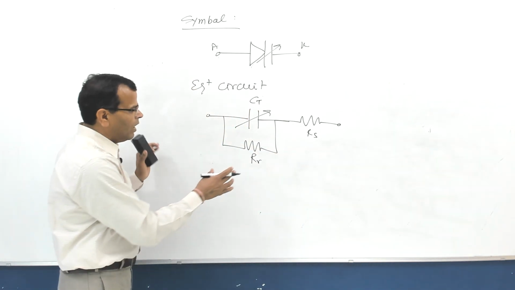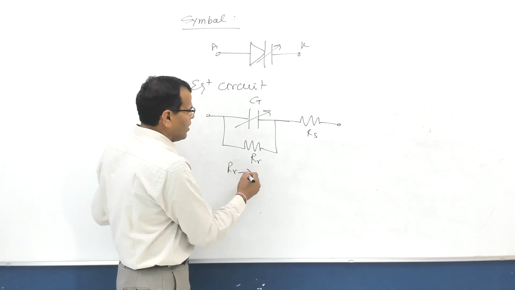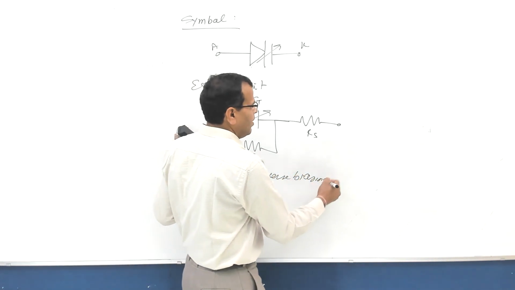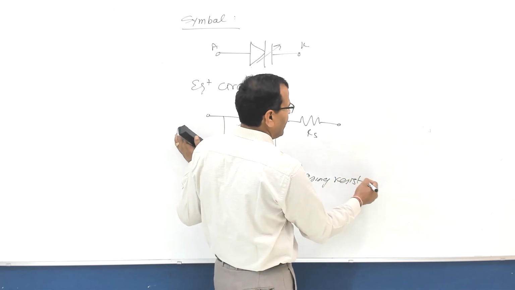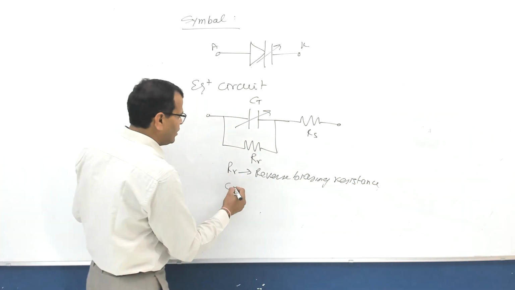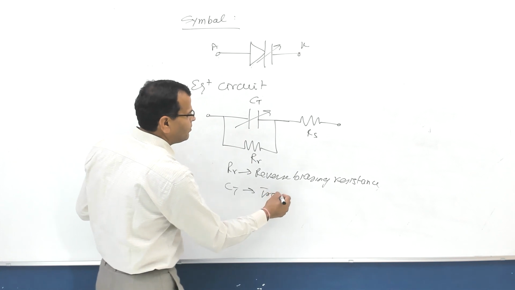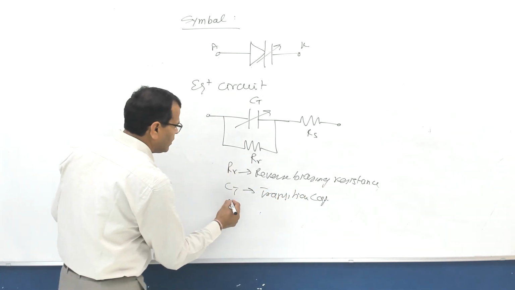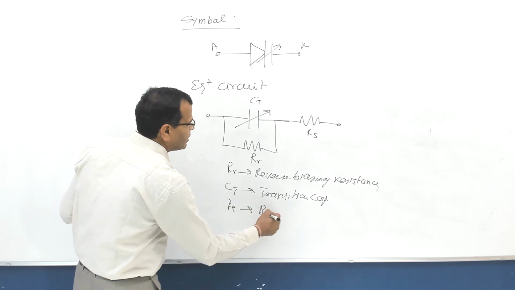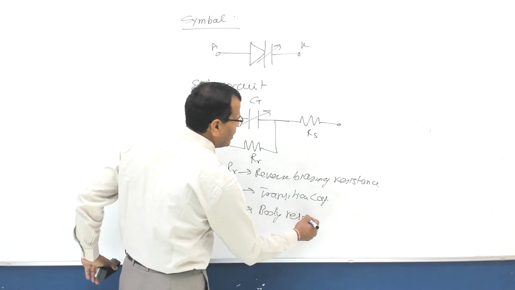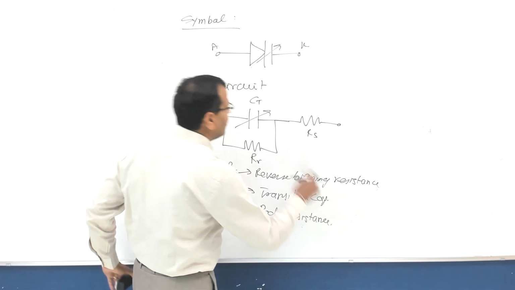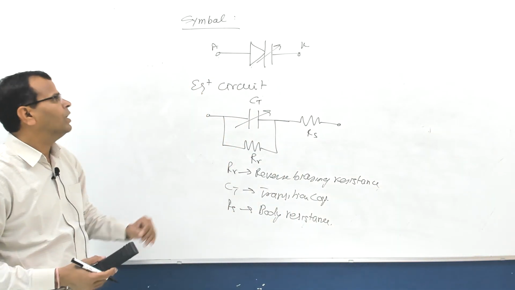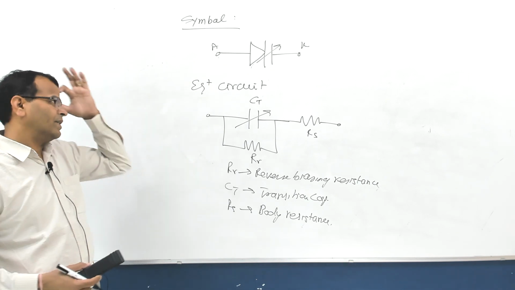Please do remember, R is reverse biasing resistance, may be very high. CT, you know what that is, transition capacitance, and RS is body resistance, contact resistance and so on, that is layer resistances, other resistances other than the junction resistance which is coming into picture. That is your equivalent circuit.